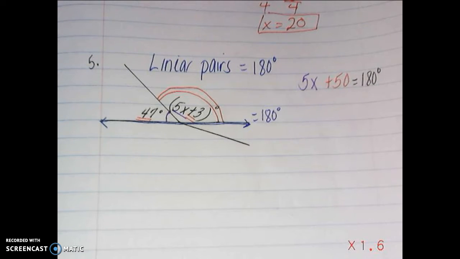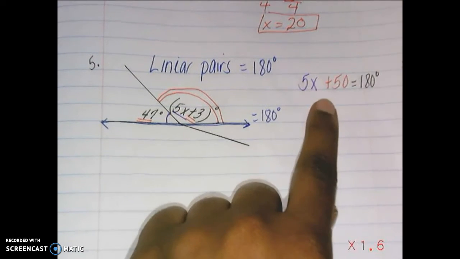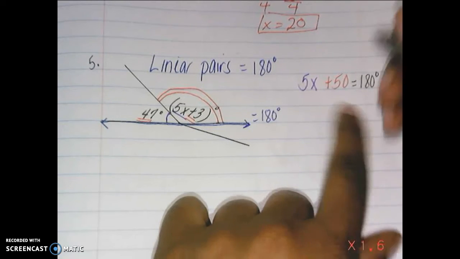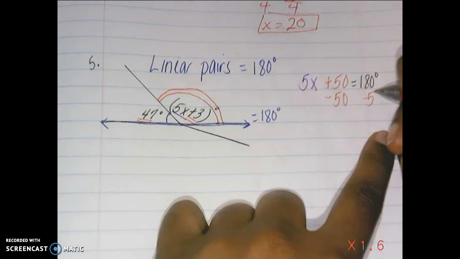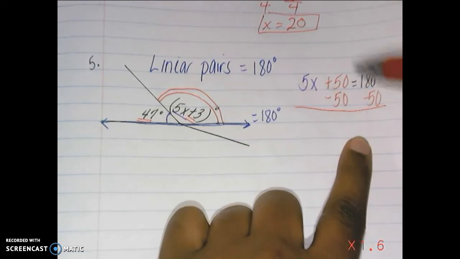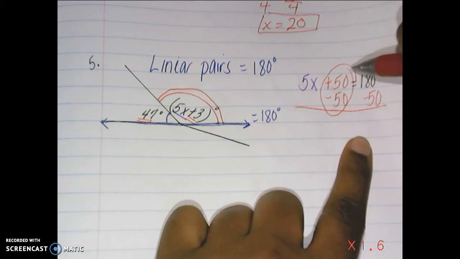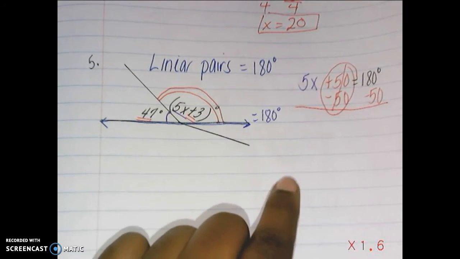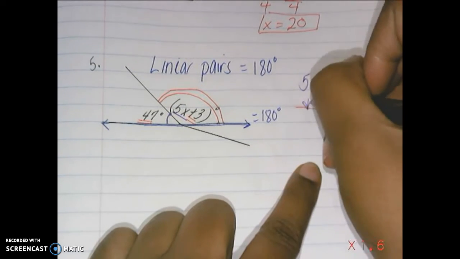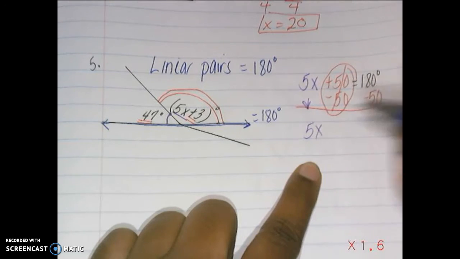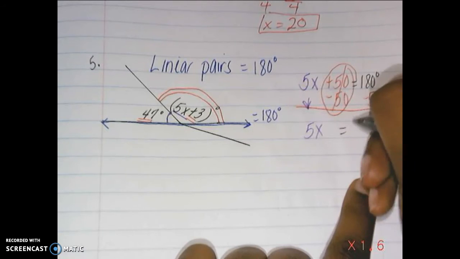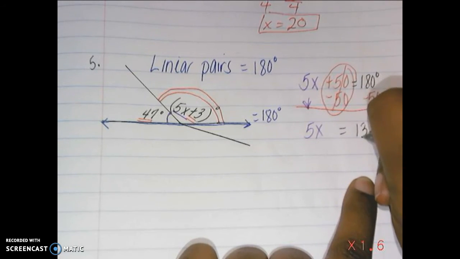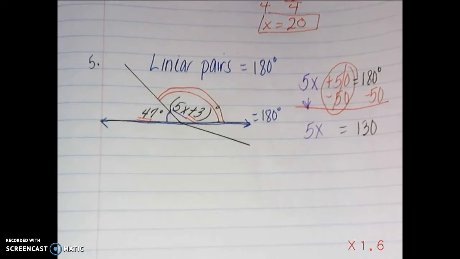All right, so I got my two-step equation. I need to isolate this and get the x by itself. So I'm going to subtract 50 on both sides. What you do to one side, you have to do to the other. 50 minus 50 is 0. What I am left with on the left-hand side is 5x, and on the right-hand side, 180 minus 50 is 130.